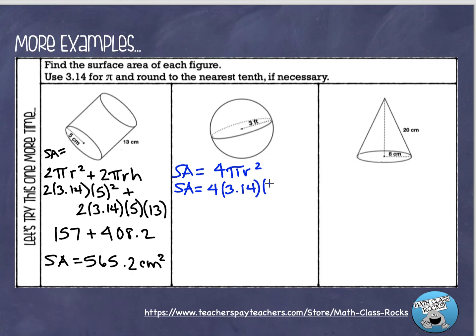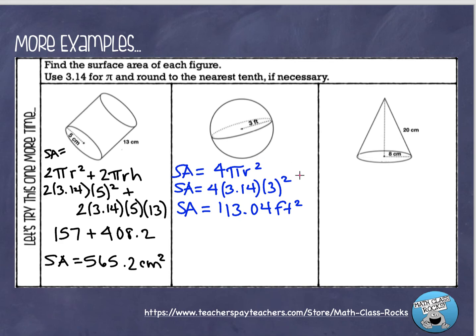The radius is 3, and we're going to put that to the second power. We can do this all in one step on our calculator. 4 times 3.14 times 3 to the second power, which we know is 9, is going to give us 113.04, and these are feet squared.